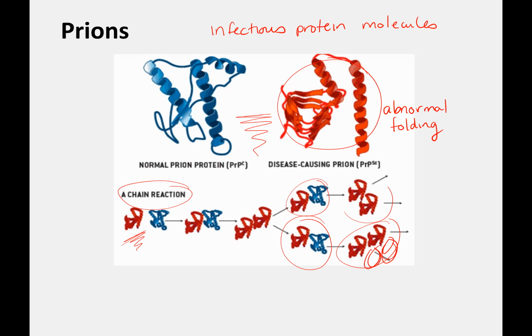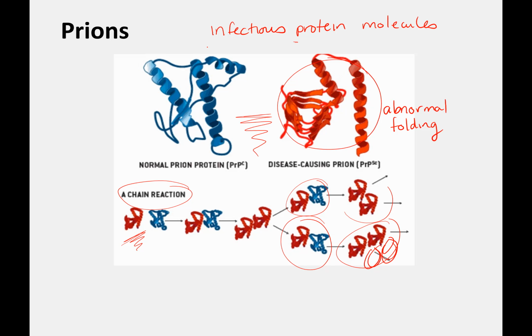One of the famous diseases is called mad cow disease. Scrapie is a prion disease. Kuru, which is common in humans that practice cannibalistic rituals, is a prion-based disease.